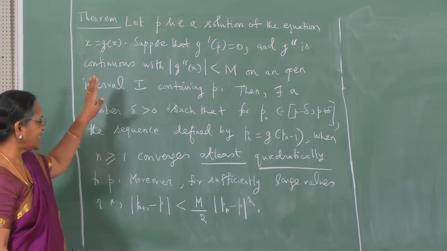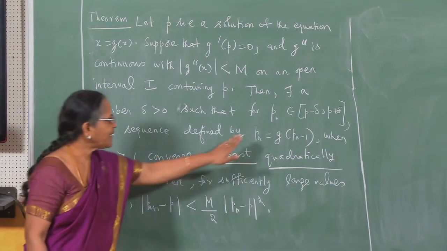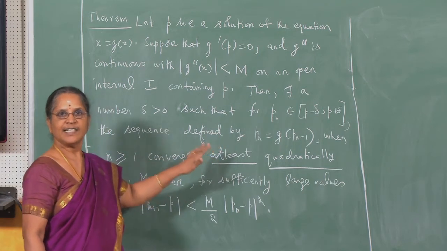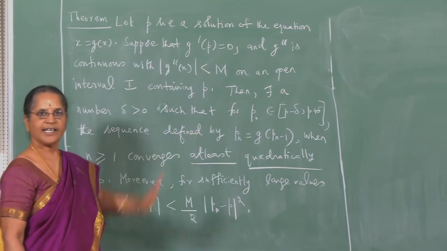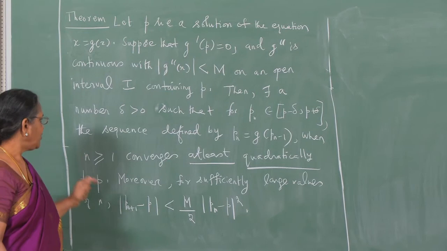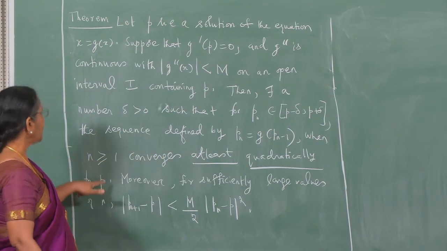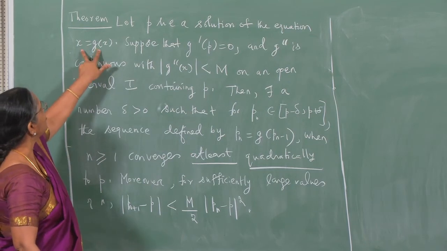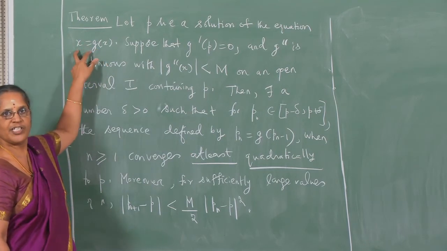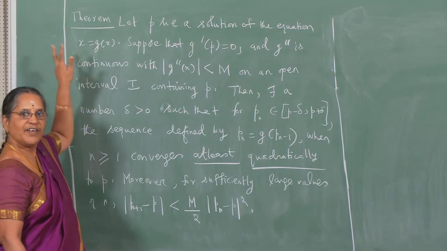Then the result says that this method converges at least quadratically. And where does it converge to? It converges to p, and what is p? It is a solution of the equation x = g(x), or it is the fixed point for the function g.